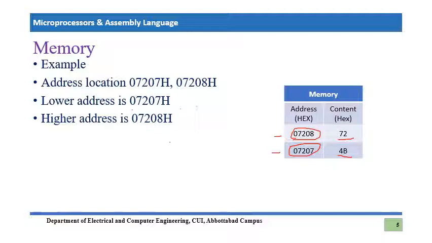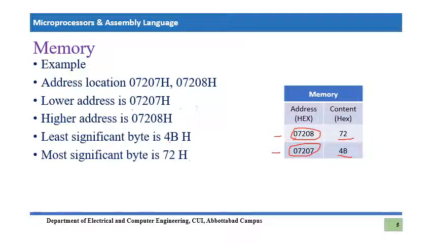So what will be the word to be fetched? By applying the little Endian approach, the least significant byte will be 4B because it is stored at lower address, which is 07207 hex, and the most significant byte is 72 hex, which is stored at 07208 hex.